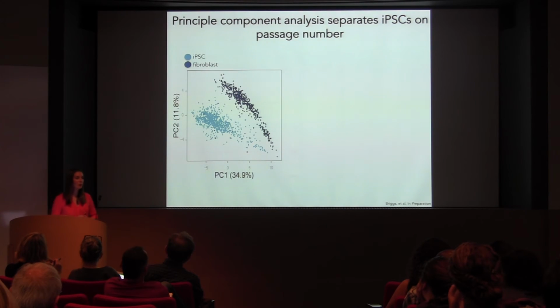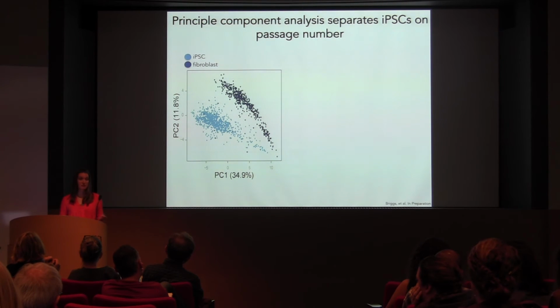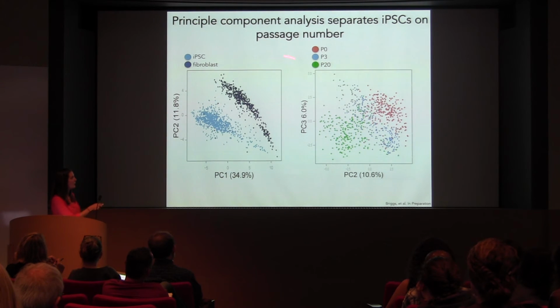However, as I mentioned before, we see some separation of passage number, so we're really interested in how passage number was potentially also separated using principal components. And so we took just our pluripotent population, so just the iPSCs, and again, we're graphing here the second and the third principal component, and we're looking at passage 0, passage 3, and passage 20.